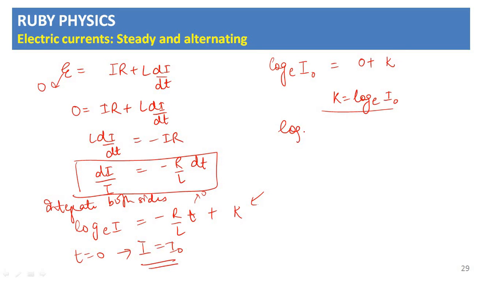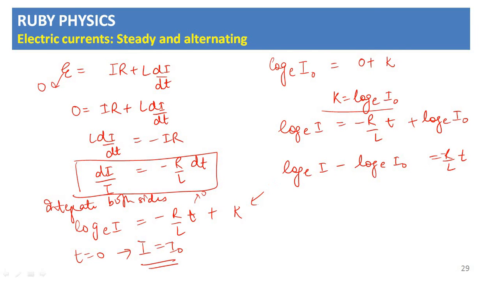You will get log base e I is equal to minus R by L into t plus log base e I naught. So you can write log base e I minus log base e I naught is equal to minus R by L into t, and you can write it as I upon I naught is equal to e to the power minus R by L into t, and I is equal to I naught e to the power minus R by L into t.